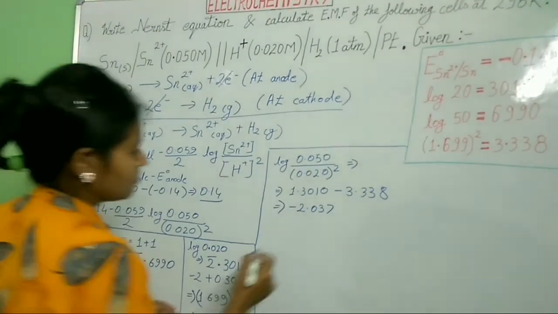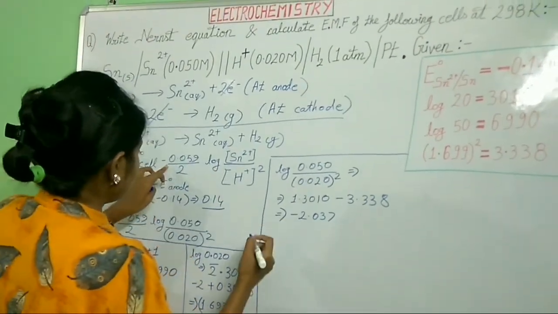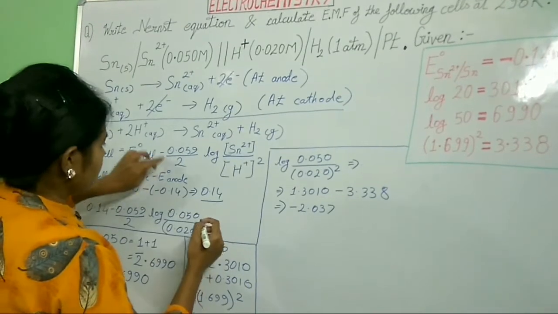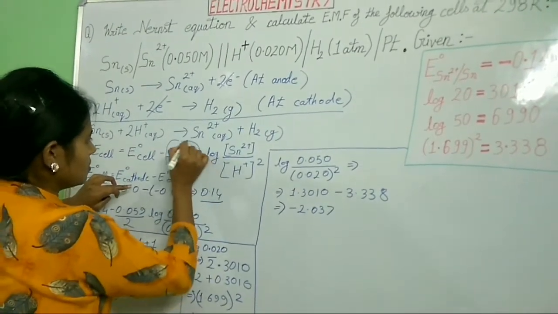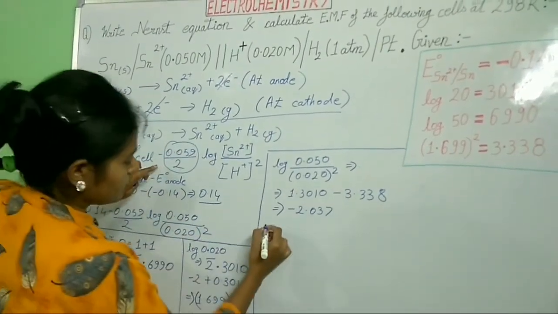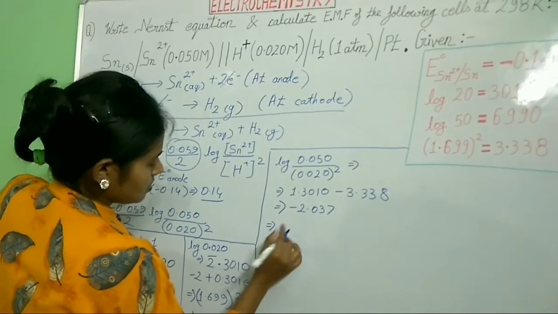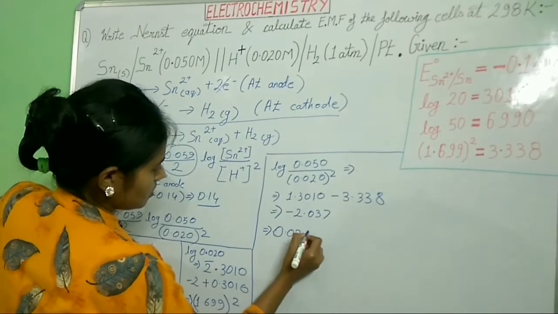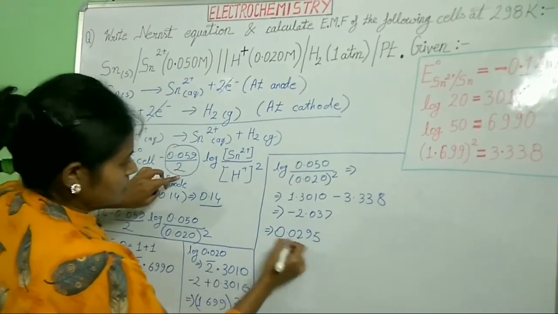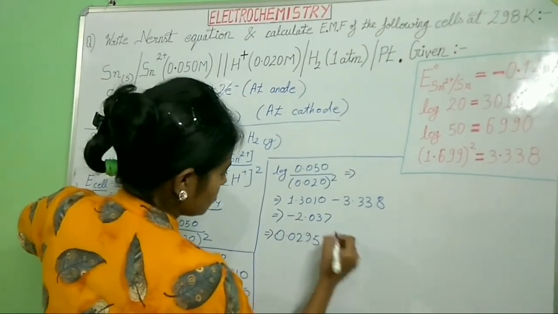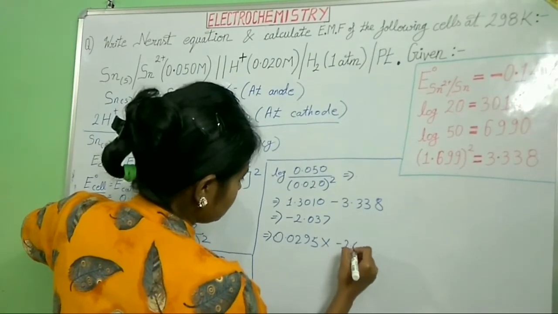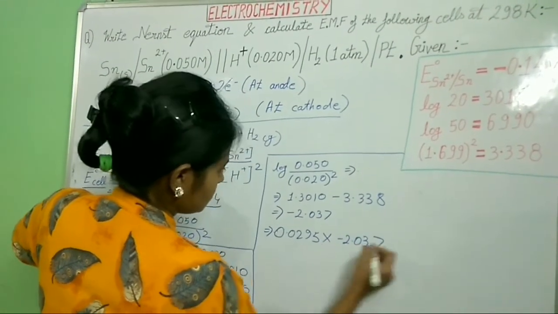Okay, now minus 2.037. If we multiply it by this value, if we divide this, how much will we get? Minus 0.0295. We divide this, we will get this much into minus 2.037.